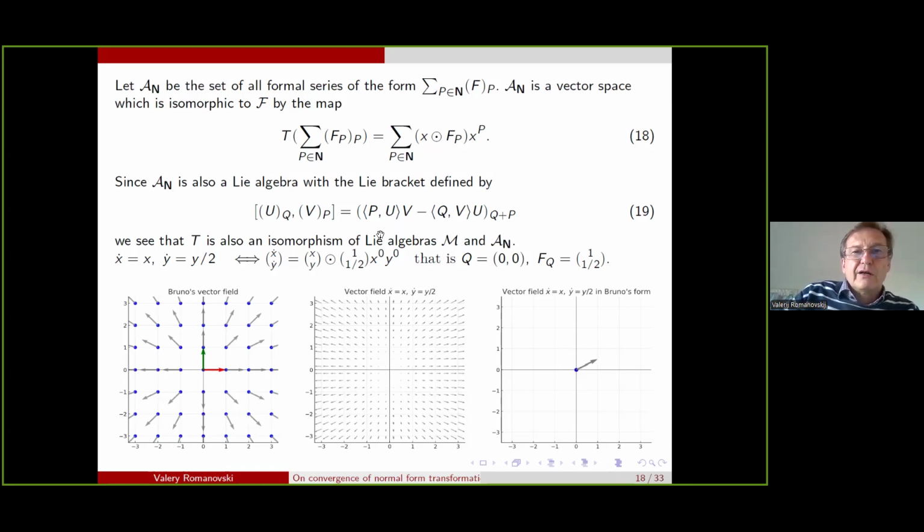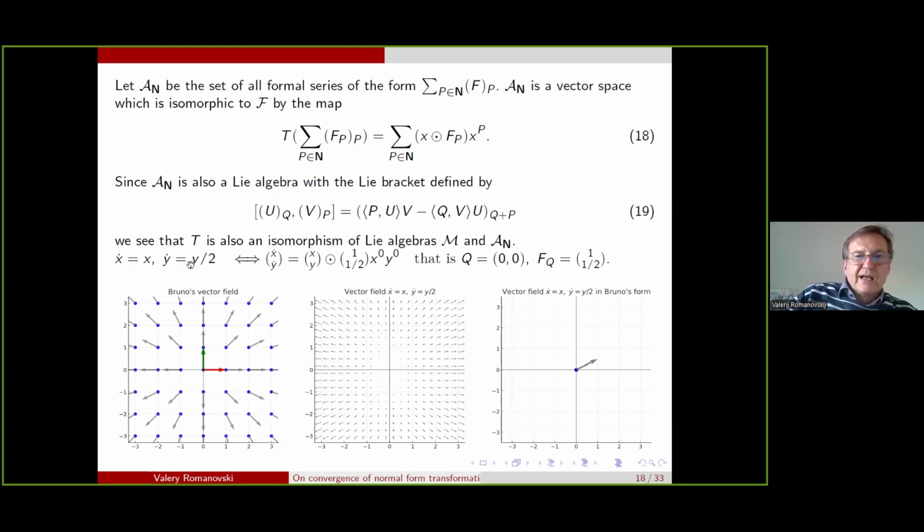So it's our vector field. In this way we can compute the Lie bracket, but what is now a traditional vector field and what is a Bruno field up to this isomorphism? When we have a linear vector field, to each point is attached a vector.